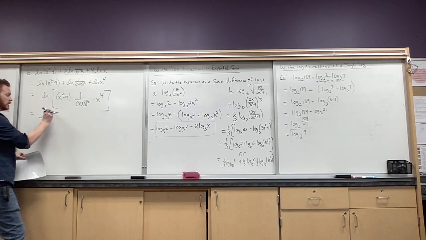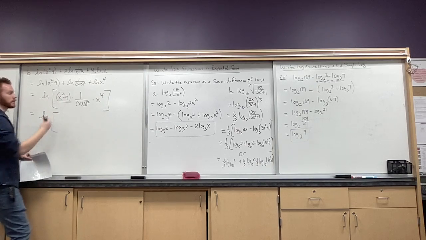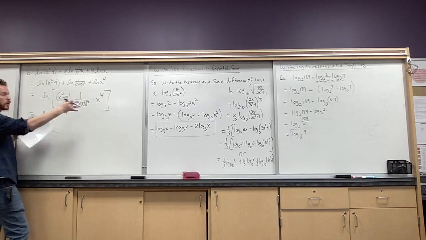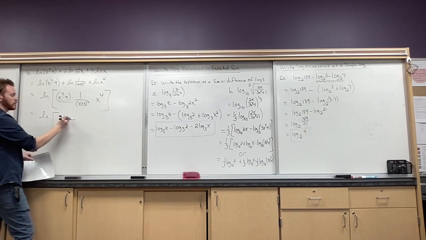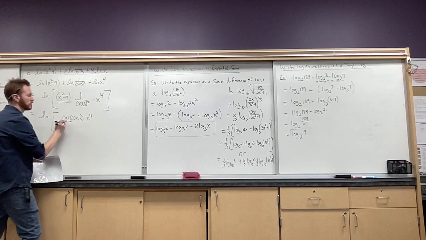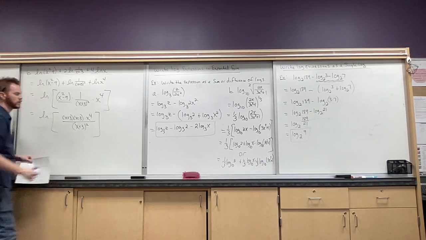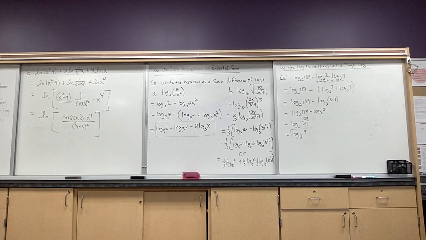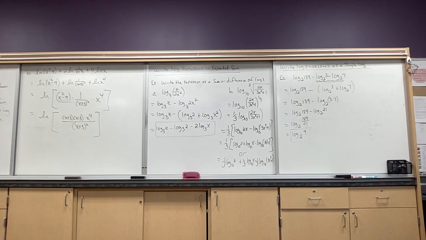So I'm going to underline that part and factor that out, and then multiply all 3 together. So this is just going to be x plus 3, x minus 3, times x to the 4th, over x plus 3 squared. So I did 2 things in that step. I factored this guy out, and then I multiplied them all together.